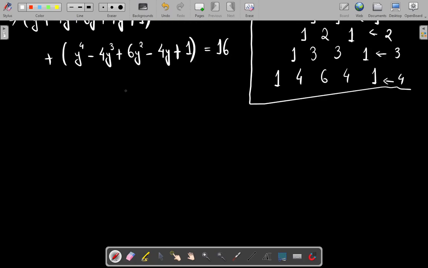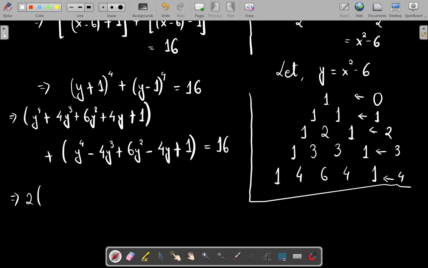On simplifying, the 4y³ will get cancelled and the 4y will get cancelled. So we are left with 2y⁴ + 2 times 6y² + 1 equal to 16.